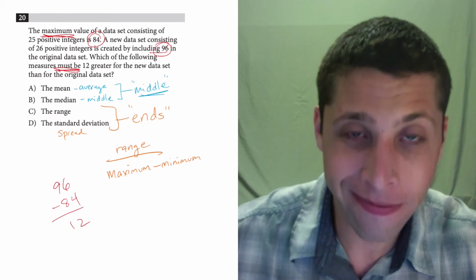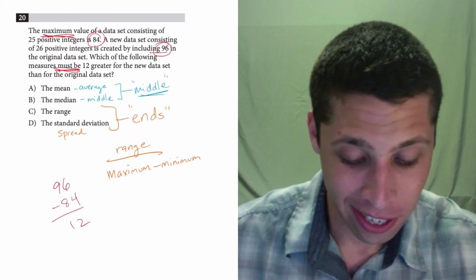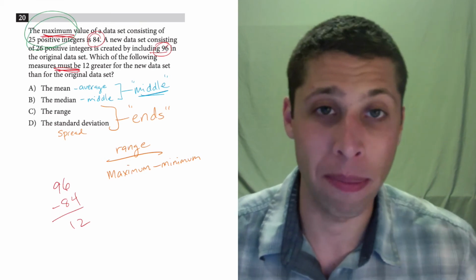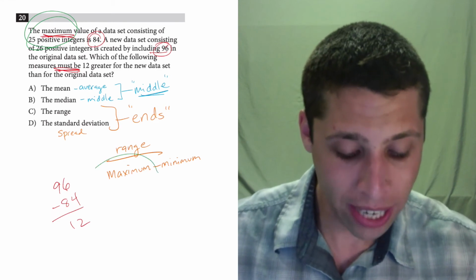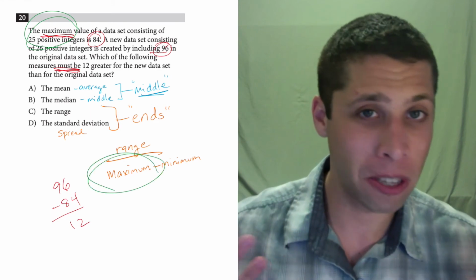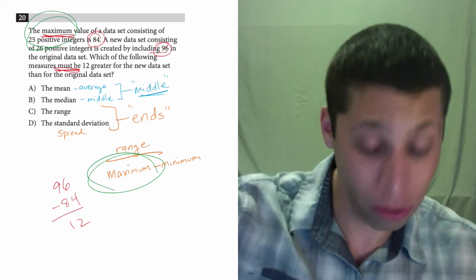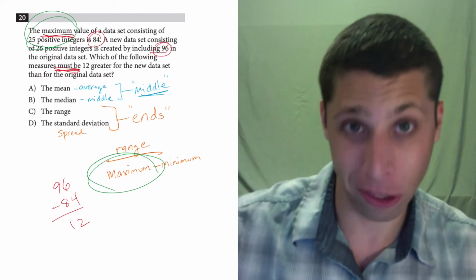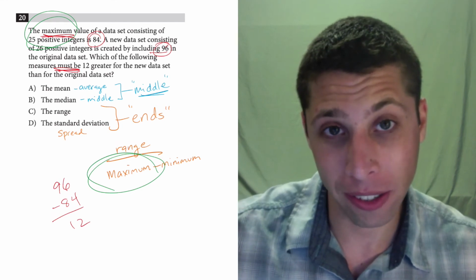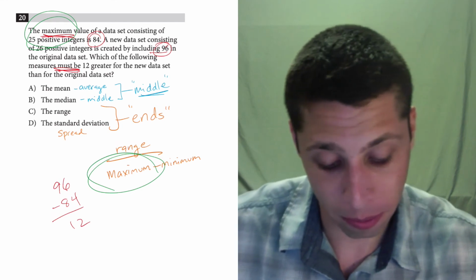And just using instinct here, they're talking about the maximum in the question. Range involves the maximum. So if we increase the maximum by 12, then the range would increase by 12 because we'd change this number by 12.